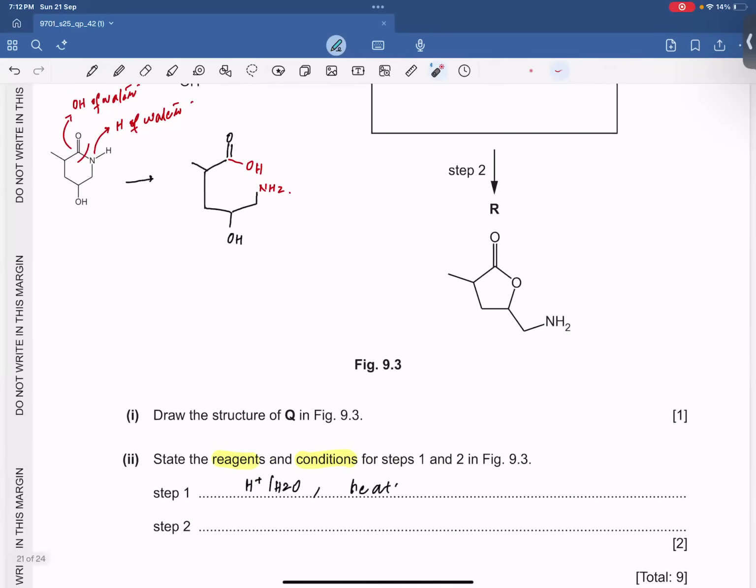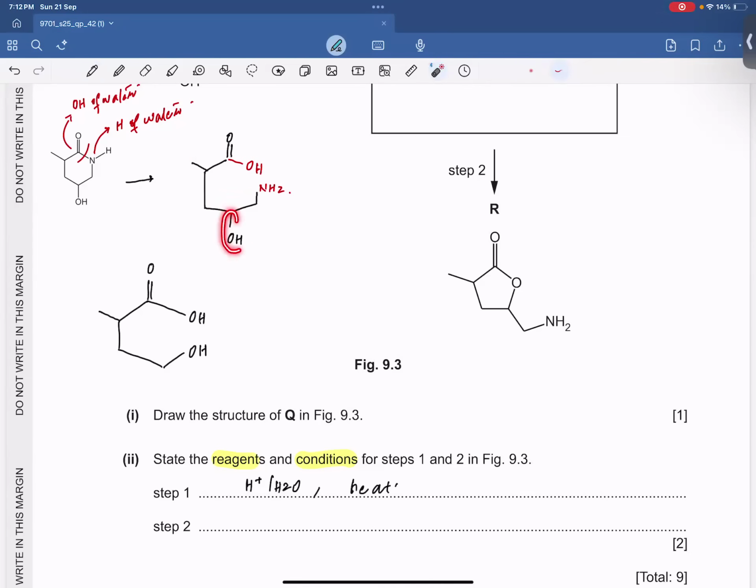Let me write this structure again. This is C=OH, and I'm going to put the OH over there.